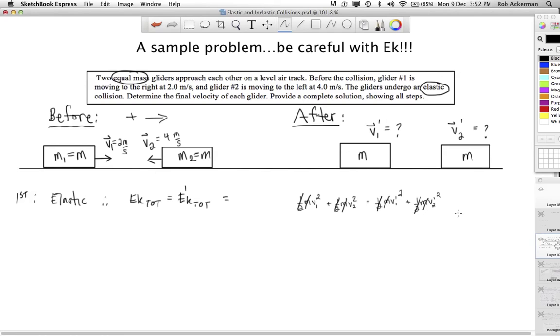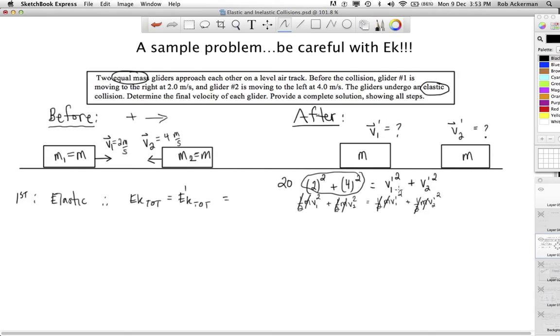And that leaves me with a nicer equation to look at. For example, v1 squared, well, that's just 2 squared. And here's 4 squared. And over here, I still don't know these values, so I got to leave them like that. 2 squared plus 4 squared is 20.